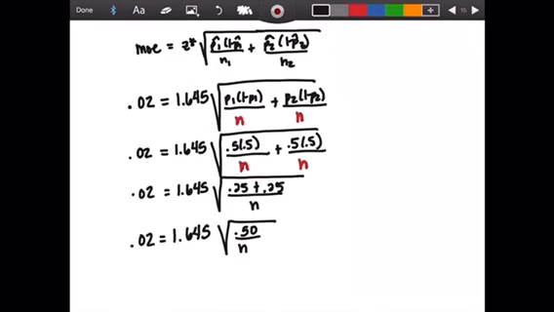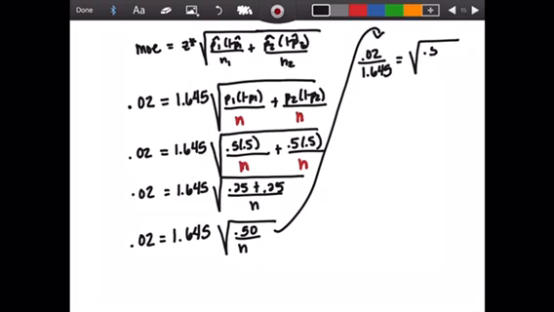Now, I do all of the calculations at the very end in our calculator because we don't want to introduce rounding errors. So the first thing we need to do is isolate the radical. 0.02 divided by 1.645 equals the square root of 0.50 over N. Don't put this in your calculator yet. We need to square both sides to eliminate the radical.